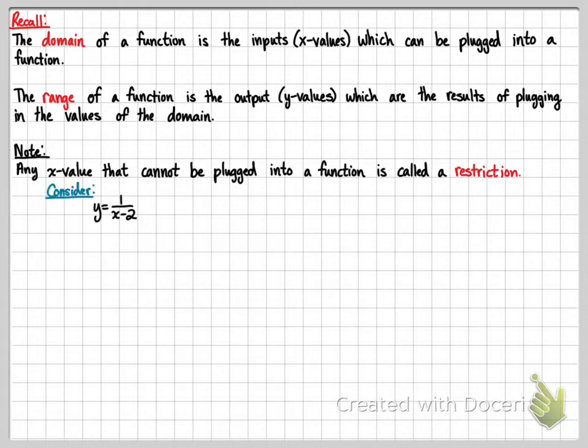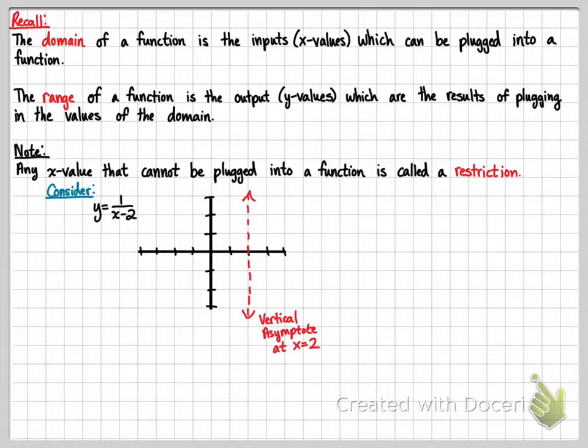We're going to go over a few. For example, if we have y equals 1 over x minus 2, what x value cannot be plugged in here? Well, if I graph this, don't I have a vertical asymptote at x equals 2? The x minus 2 tells us that we're going to shift right 2, if you look at your notes from last time.